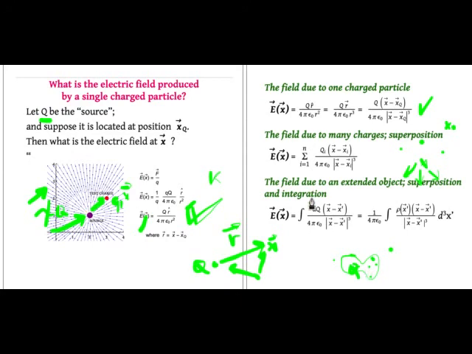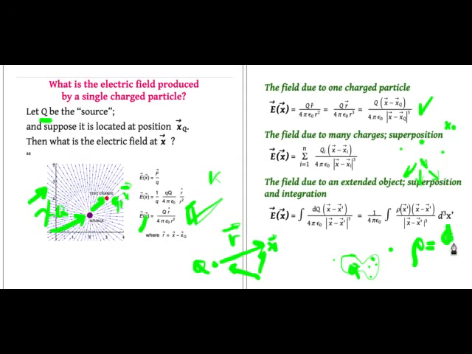That'll be the integral. A little charge dq has an electric field dq over x minus x prime divided by 4 pi epsilon 0, x minus x prime cubed, where x prime is the position of dq. And then I have to add all the little parts, so that's an integral. I integrate over the charges. Or if I want to write it in terms of position, I could introduce charge density. So rho is the usual symbol for charge density in 3 dimensions.